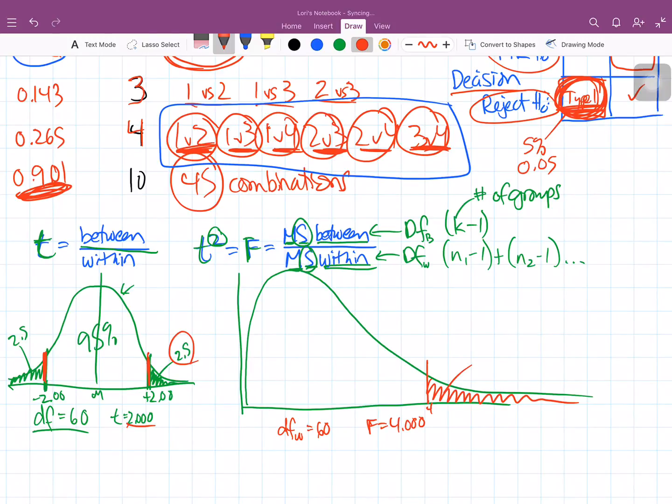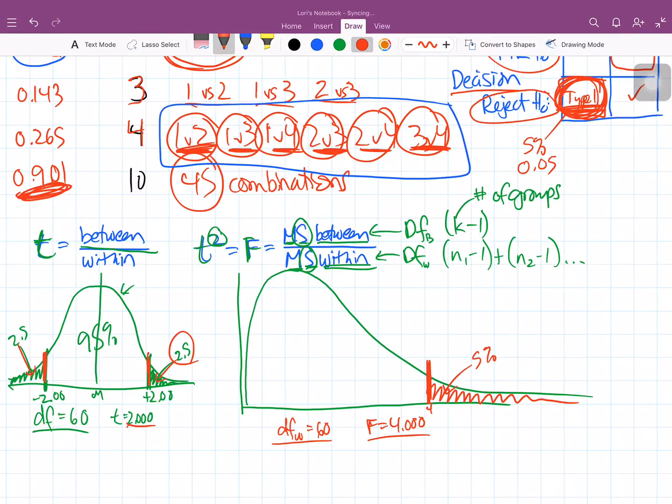Remember how if the t-value is over here in the tails, then we would reject the null on either the higher or the lower, as long as it's a two-tailed test. The F value is the same. If it's in the tail or more extreme than whatever is our cutoff value for that particular degrees of freedom, then this is your 5%, falls into the tail area.